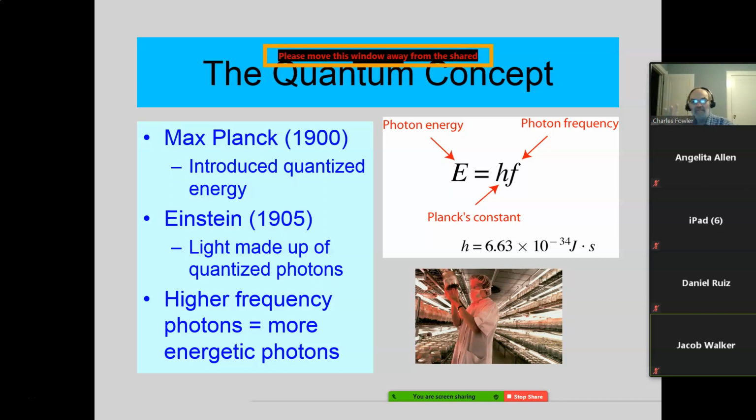Max Planck, one of the original introducers of the whole concept of quantum mechanics, is very famous in Germany, and scattered throughout Germany are various Max Planck institutes. Now you might say, why am I bringing this up?